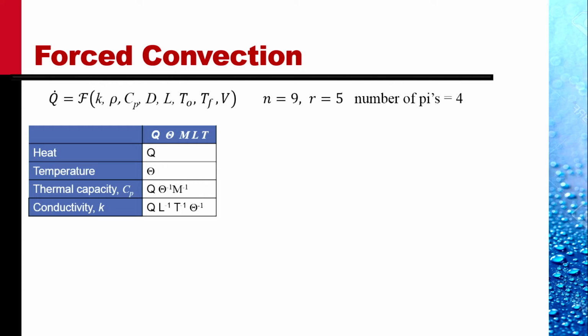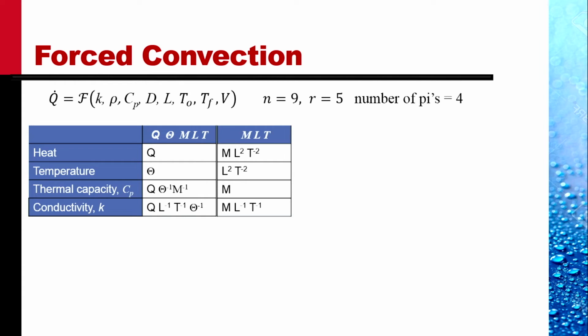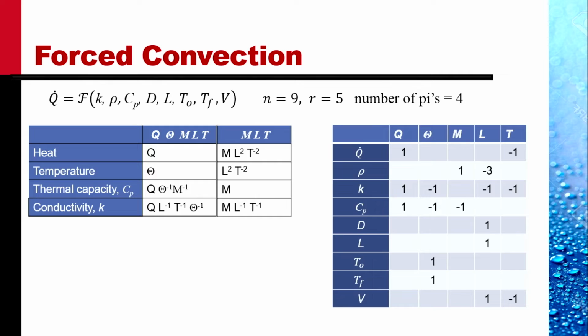Dimensions of various quantities in Q, theta, M, L, T systems are these. If we had used MLT system, the dimensions would have been these, but we are not concerned with this here. In this system, this table represents dimensions of all the 9 quantities involved.